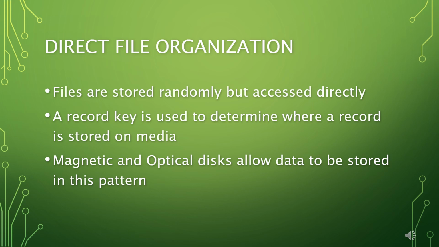What is direct? That is random file organization. So records are stored randomly but accessed directly. To access a file stored randomly, a record key is used to determine where the record is stored on a storage media. This type of file organization is basically used in magnetic and optical disk.